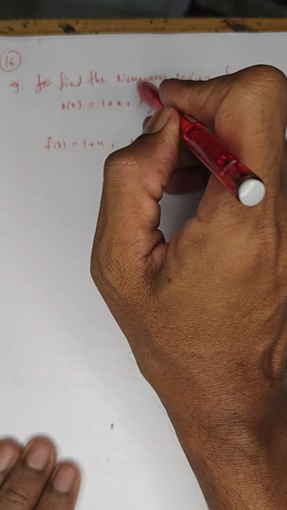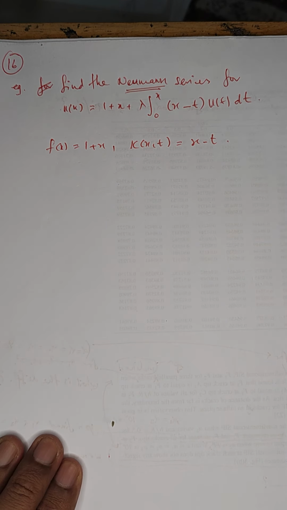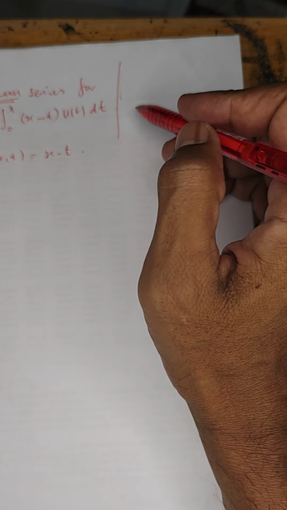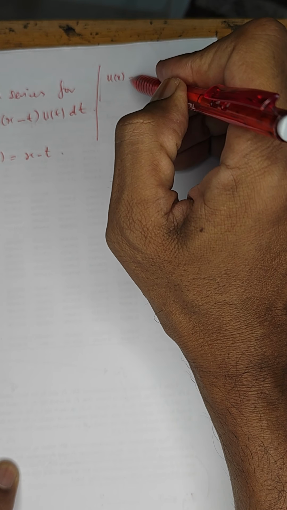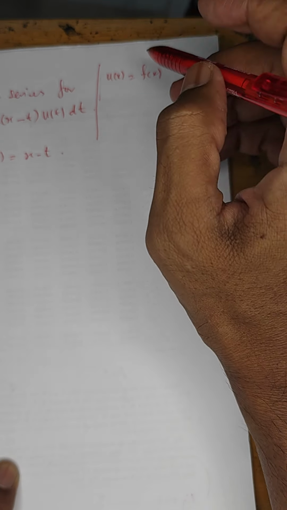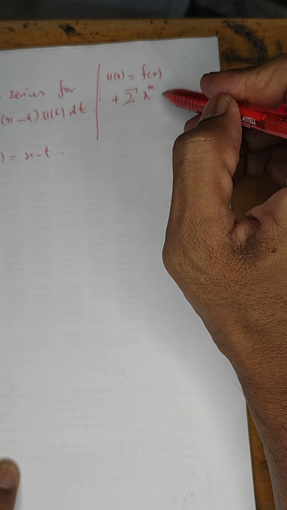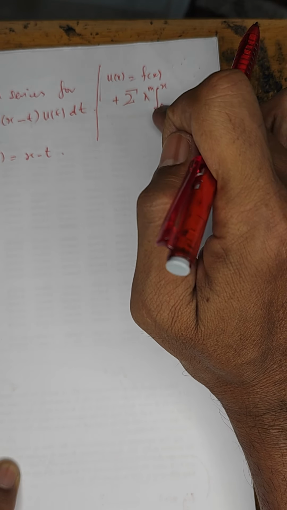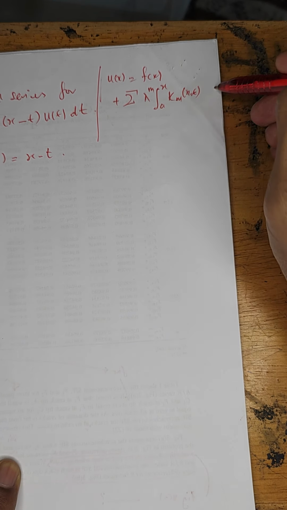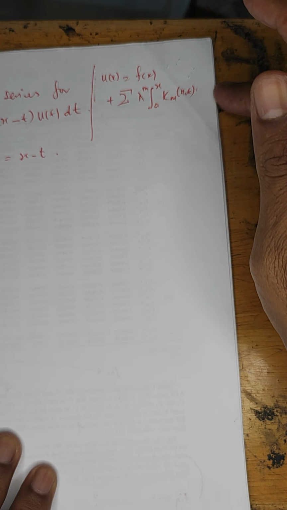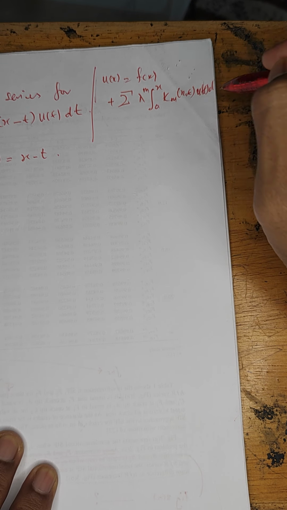Okay, and remember that for the Neumann series, we are looking for the solution of the form u(x) = f(x) + the sum of lambda^m integrate a to x, where a is a lower bound for the integral, K_m(x,t) f(t) dt.